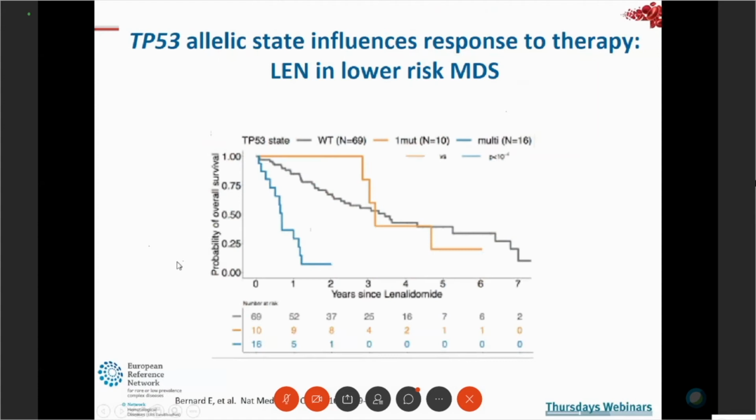And this is true also in the 100 or more patients with del(5q) included in the study who received lenalidomide. You see, these patients are known to be responsive to lenalidomide and have prolonged overall survival with this therapy. But in the presence of multi-hit TP53 mutation, this advantage in overall survival is no longer present.